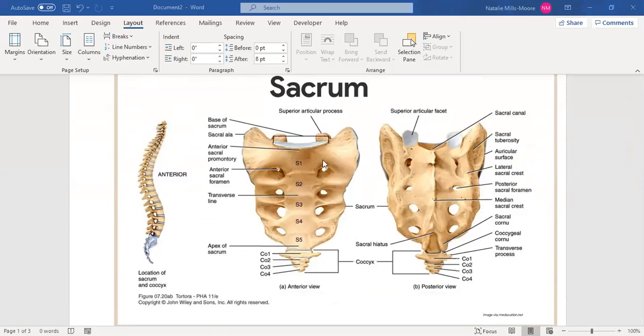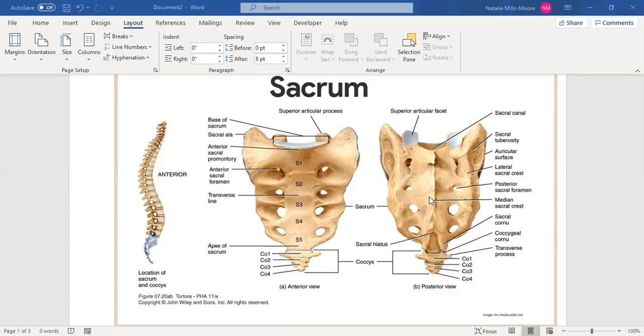There's that promontory right there, your anterior foramina and your transverse lines. And on the posterior side is all the other things: the sacral canal, that opening, the hiatus here, the posterior foramina, and that auricular surface. You can see a little bit better here and here how it's more of an indentation. And then that median crest.